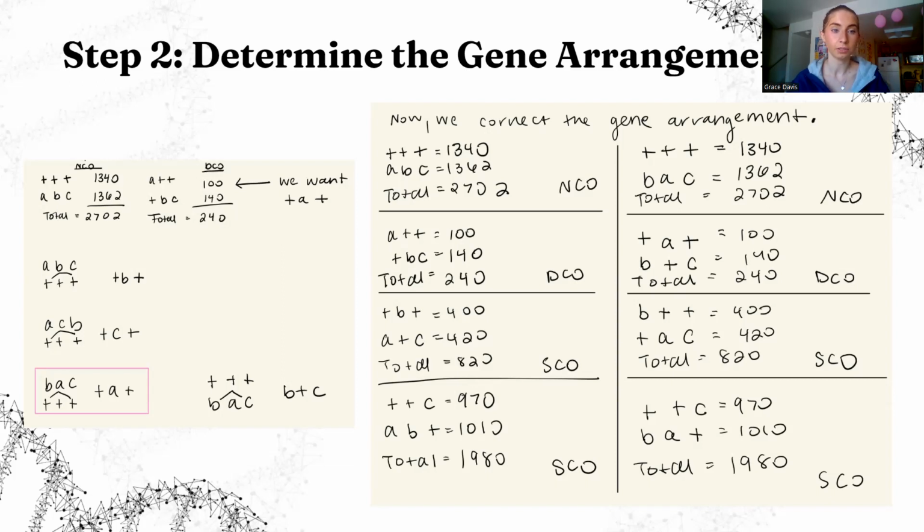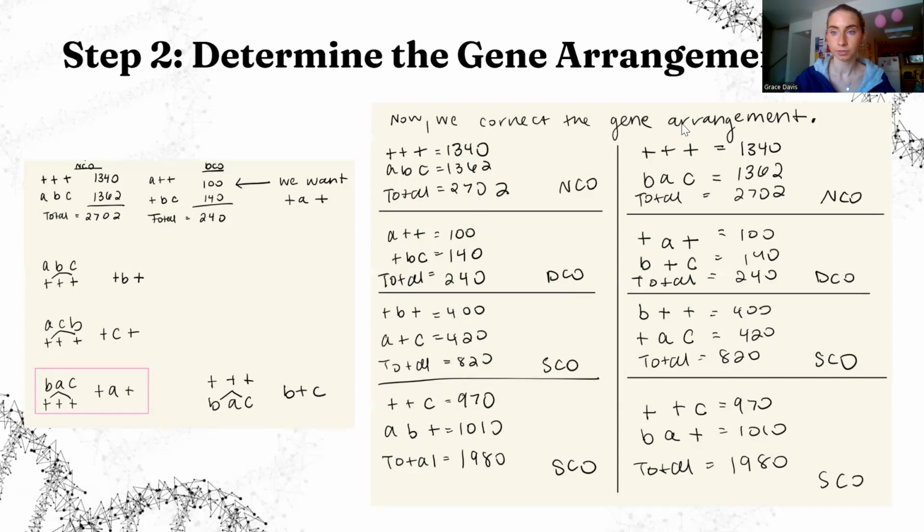And basically, we want the NCO group to match the DCO group when the double crossover occurs. And I went through the three possibilities, as you can see in the left photo, and we wanted a +A+ match or a B plus C, and I matched to +A+, and that rearranged the genes to B, A, C.